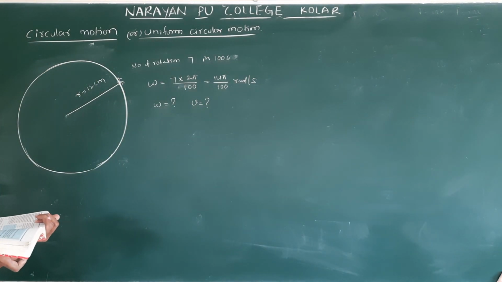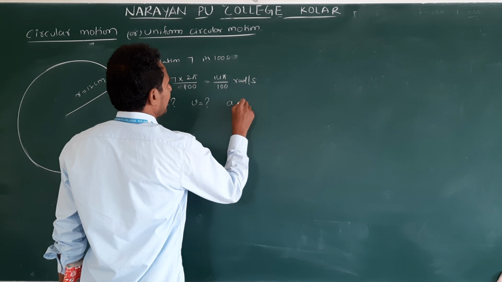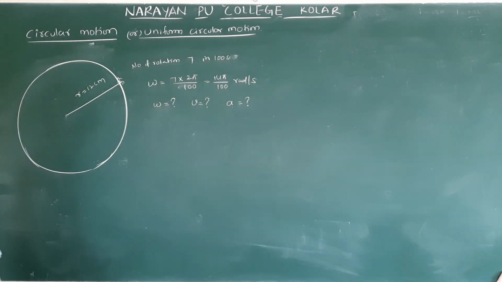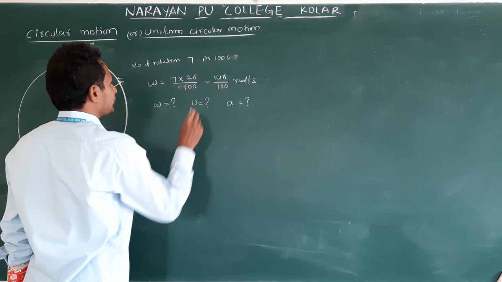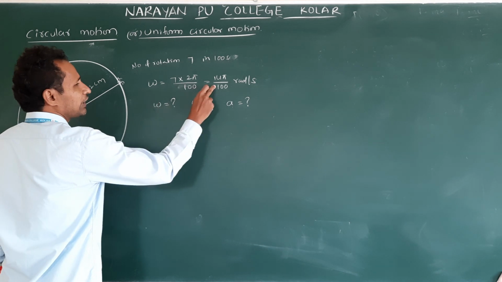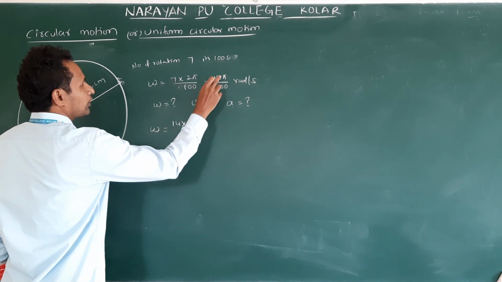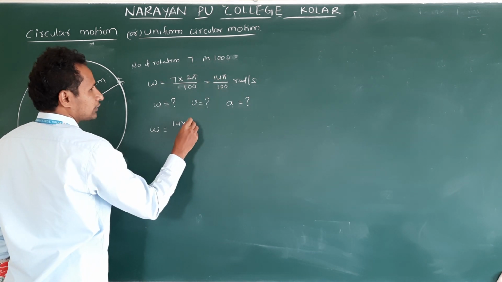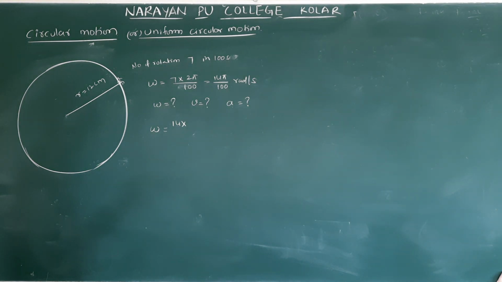Next, is the acceleration vector constant, and what is its magnitude? A is also asked. Here A means centripetal acceleration. Omega we have already converted, so omega is equal to 14 pi by 100. For this pi, based on the calculation, we use 3.14 or 22 by 7.